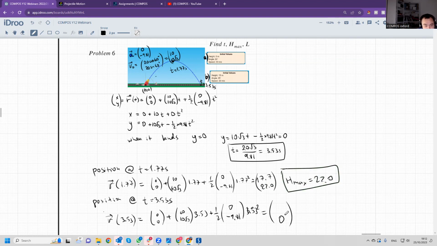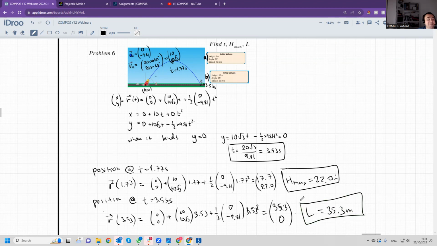So we have found the time, and now we need this. 10 times 3.53, so 35.3 meters. So the range, L, is 35.3 meters.